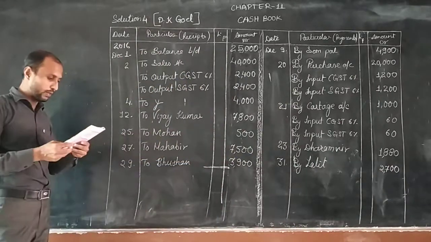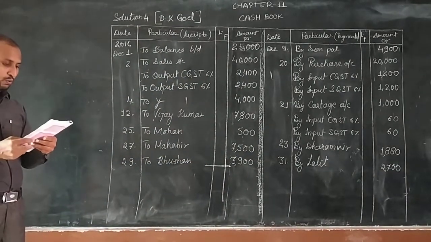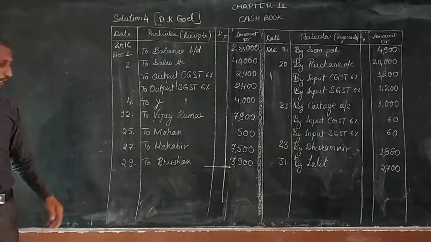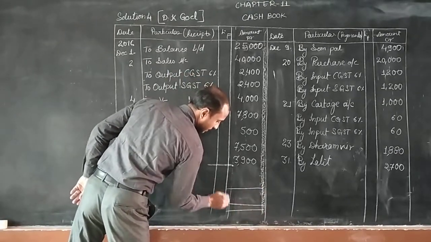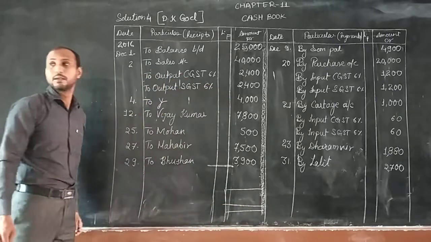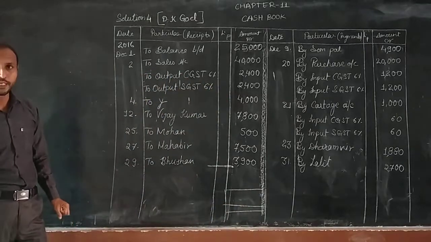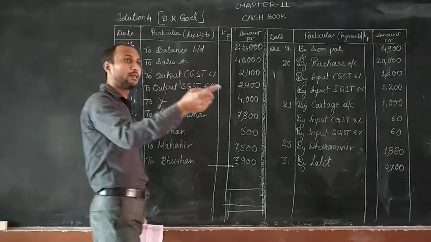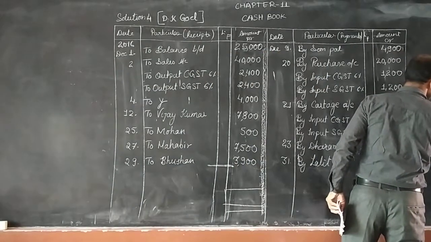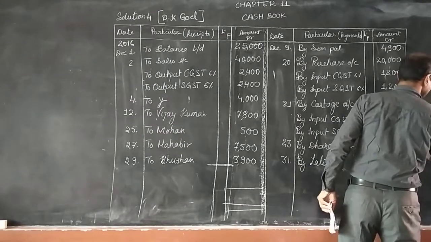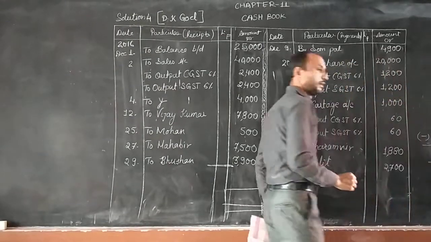Okay, now the calculator. This side, how much amount is here? Slowly, very slow. That side you have calculated, this 33,000. So we will write 33,000. Subtraction will be here. Now we will write the balance here.